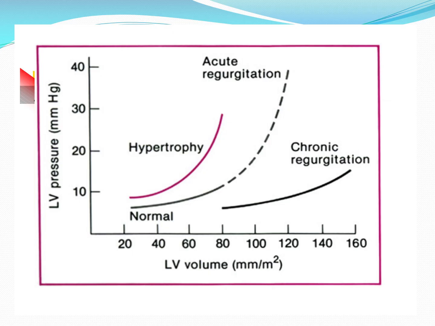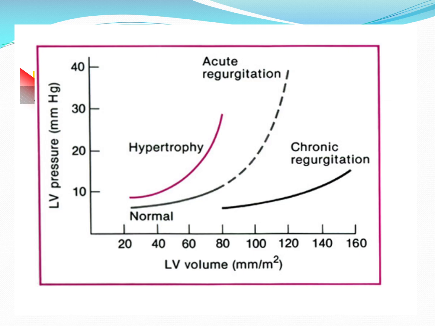Now, what would be the situation if somebody has developed regurgitation slowly over time? The ventricle will have time to dilate and accommodate this volume, as you can see on the chronic regurgitation curve. So now, for example, the LV will accommodate 100, 120, 140, even 160 cc's, double the regular volume, without a rise in left ventricular diastolic pressure.